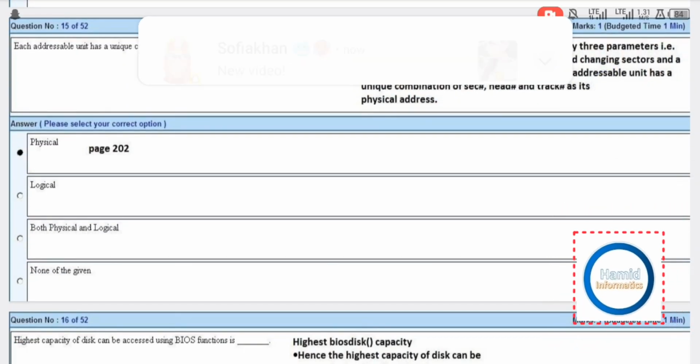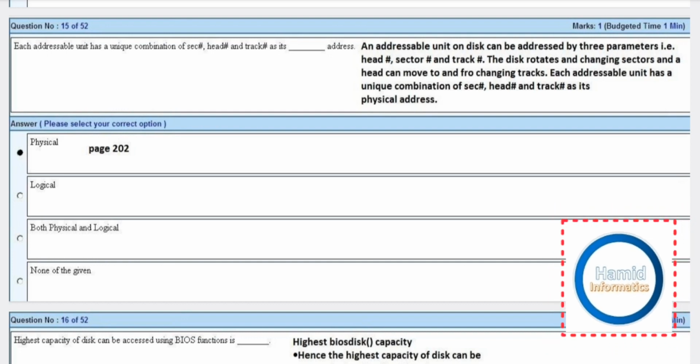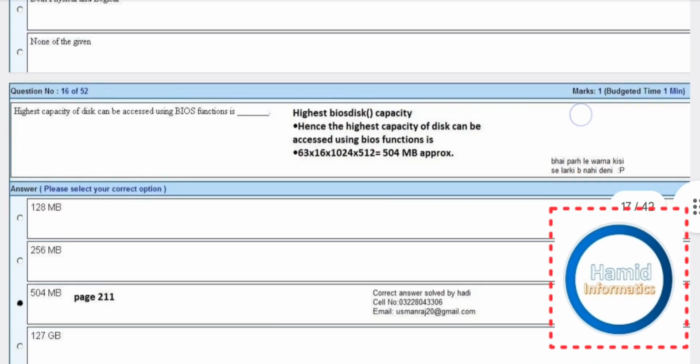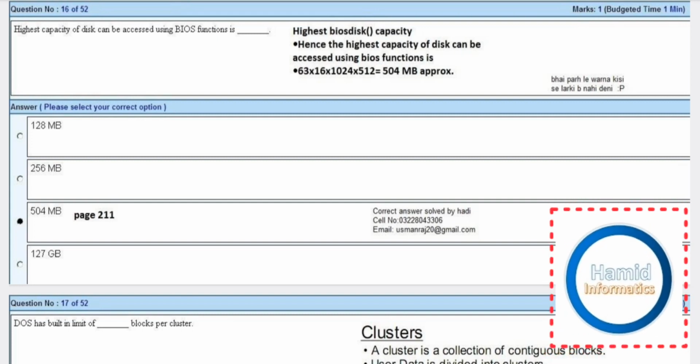Each addressable unit has a unique combination of sector#, head#, and track# as its dash address, and the answer is physical address. Next is the highest capacity of disk that can be accessed using BIOS function is dash, and the answer is 504 MB.